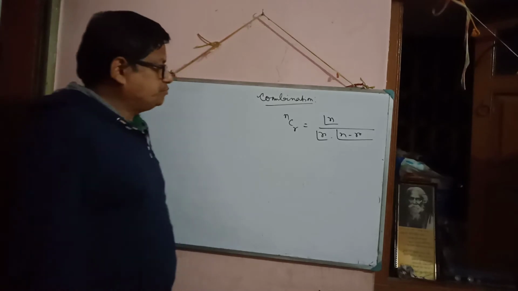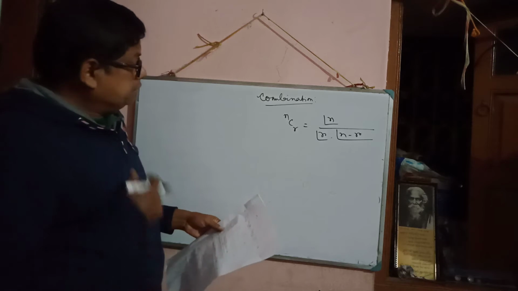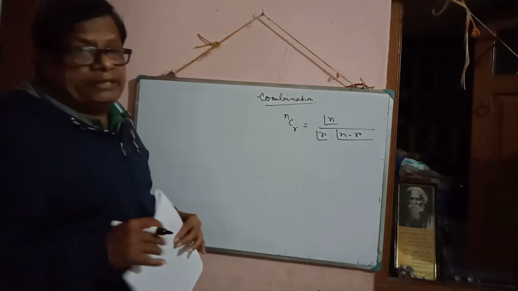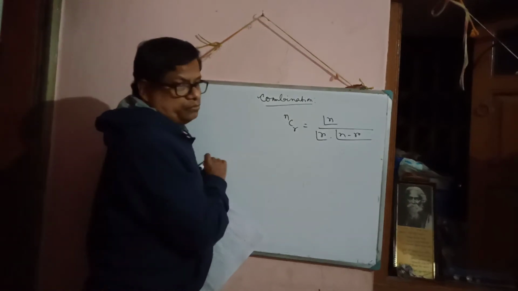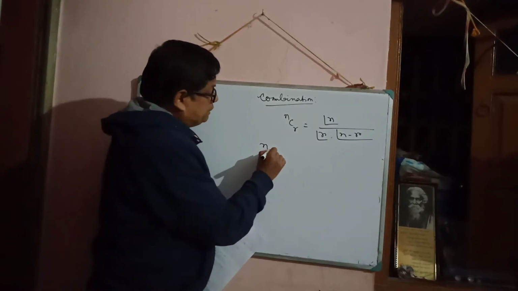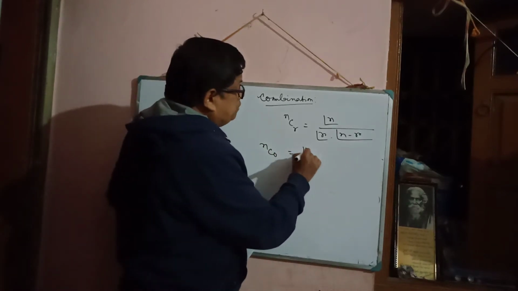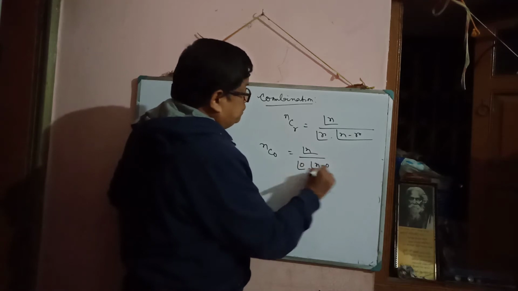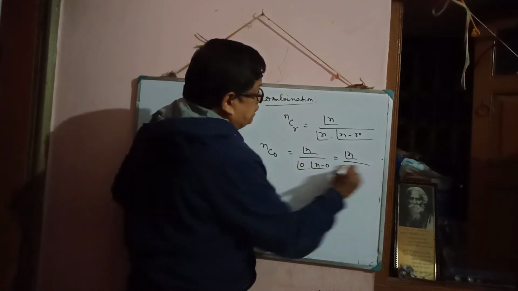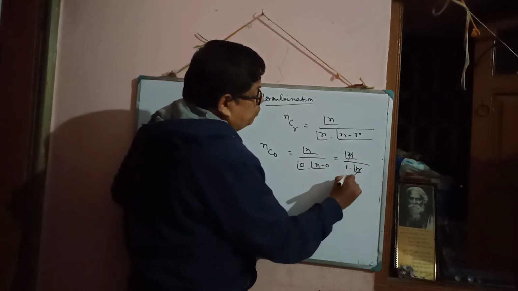Now suppose we put r equal to 0. Find the value of nC0. Write n factorial by 0 factorial into n minus 0 factorial. All of you know 0 factorial is 1, so n factorial by n factorial cancels, and the value is 1.